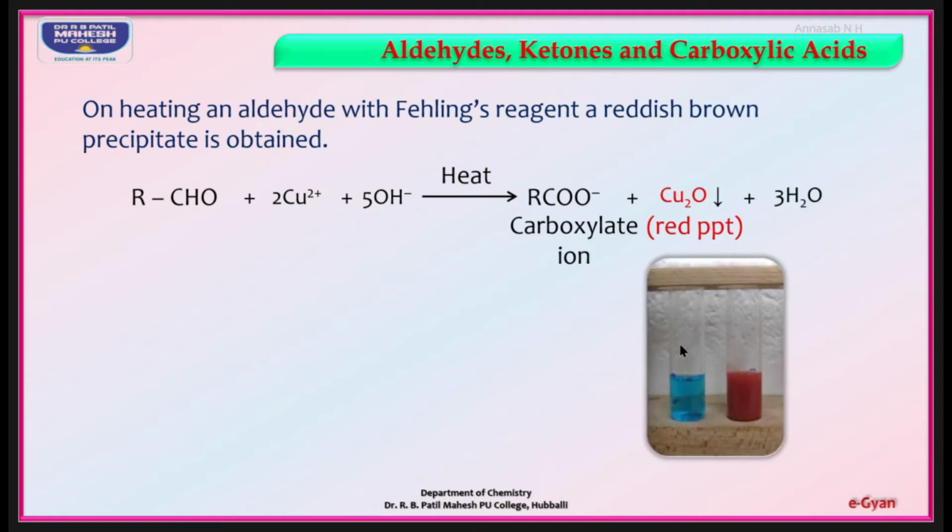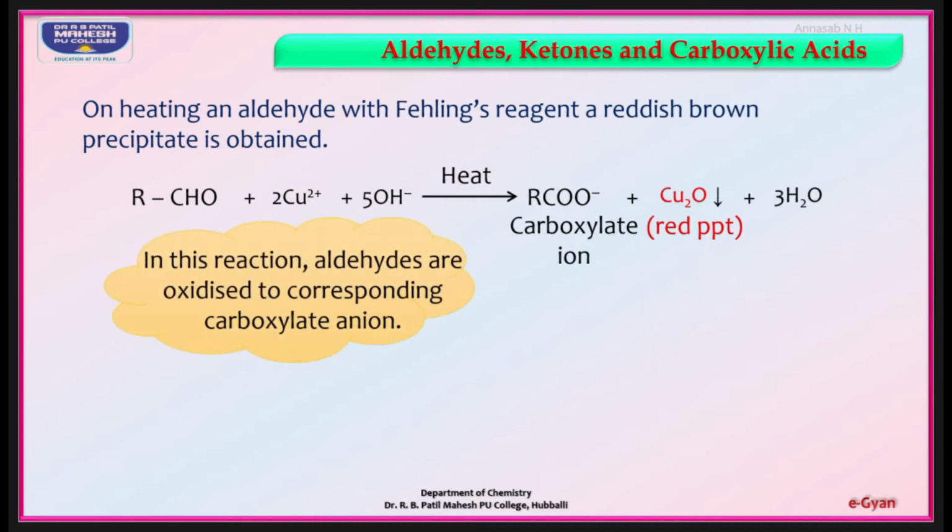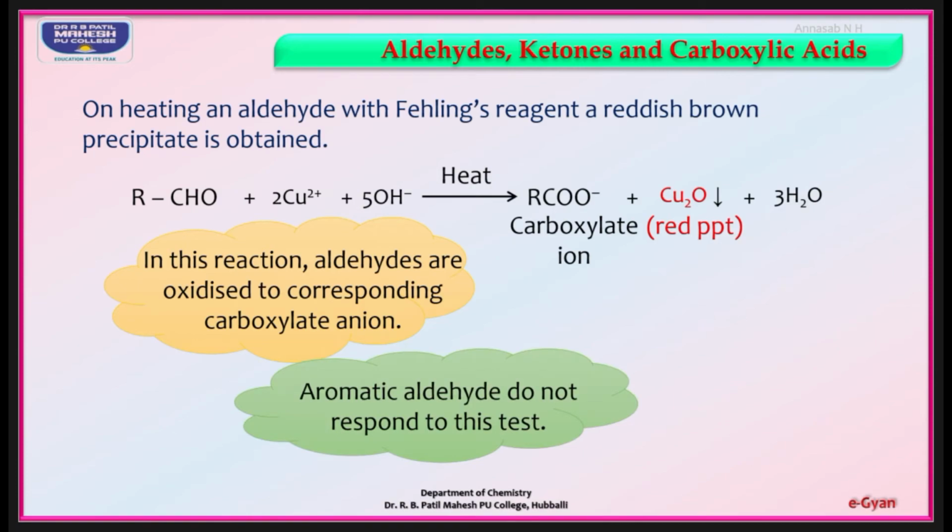So you can observe here, copper sulfate solution blue in color turns to red colored precipitate when it reacts with aldehyde in presence of Fehling solutions. In this reaction, aldehydes are oxidized to corresponding carboxylate ion, but this reaction is not applicable for aromatic aldehydes.